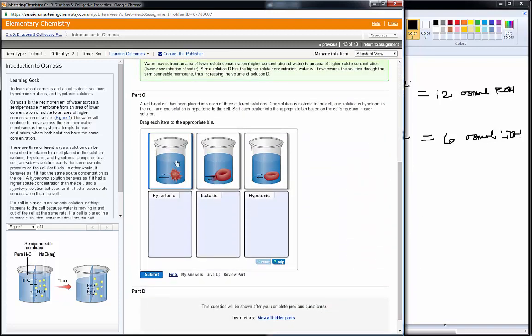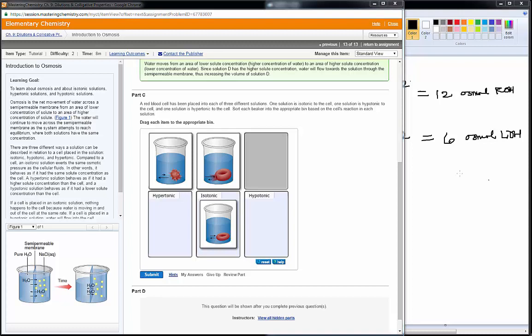And what do each of these mean? Isotonic means I have the same concentration inside of the cell as outside of the cell. Hypertonic means I have a higher concentration outside of the cell, so water leaves that cell and the cell is going to shrivel.